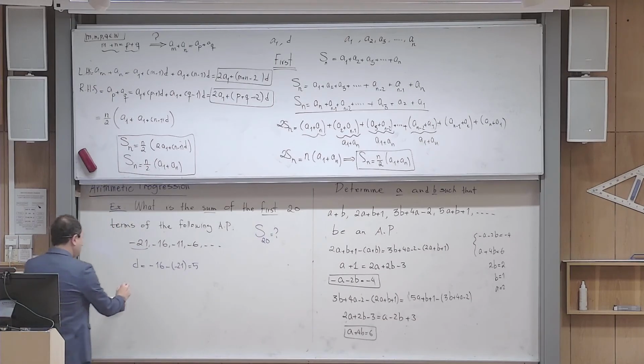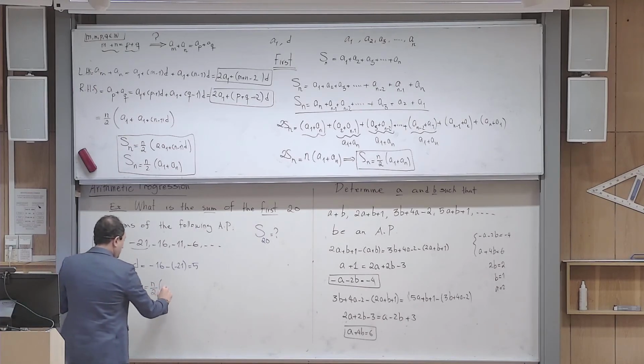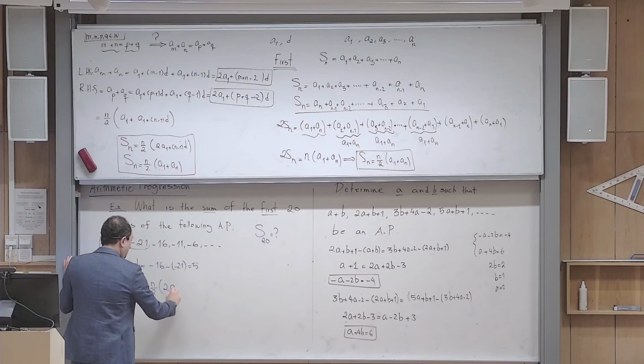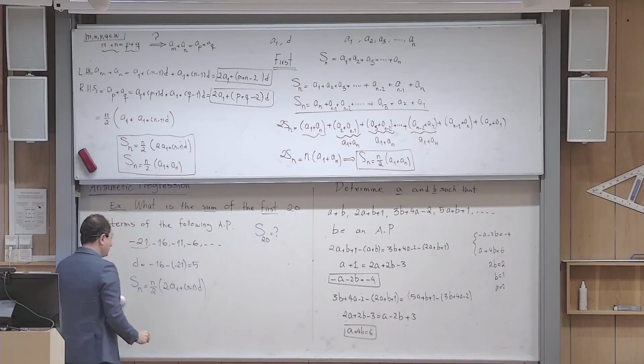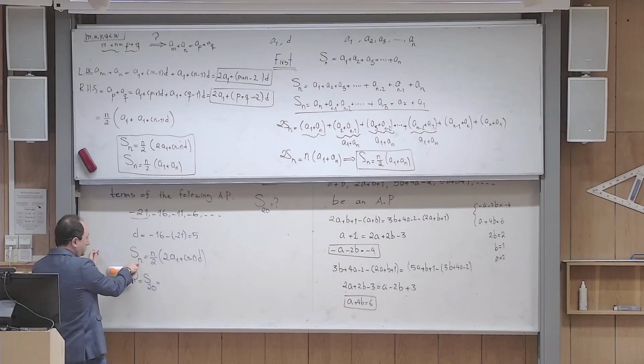And then what I do, I would write Sn is equal to n over 2 times 2a1 plus n minus 1 d. This is the formula. I write it in front of myself to see it. And then I know that the question mark is S20. So this means that 20 is playing the role of n.